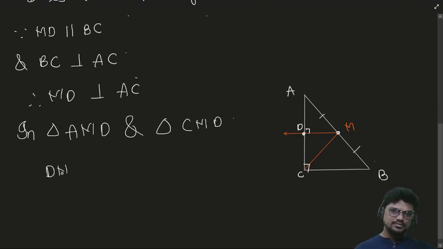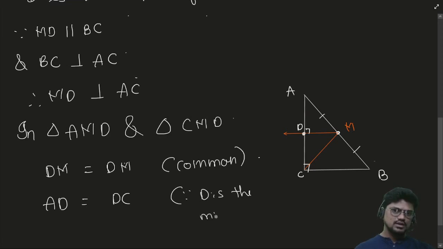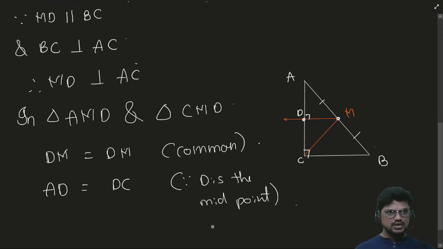DM is equal to DM. Why? Common. AD is equal to DC, since D is the midpoint. We have already proved that D is the midpoint, so we can write it. So the two sides are equal.